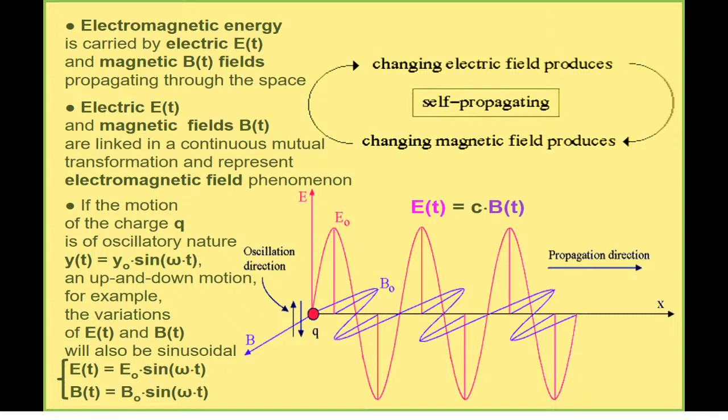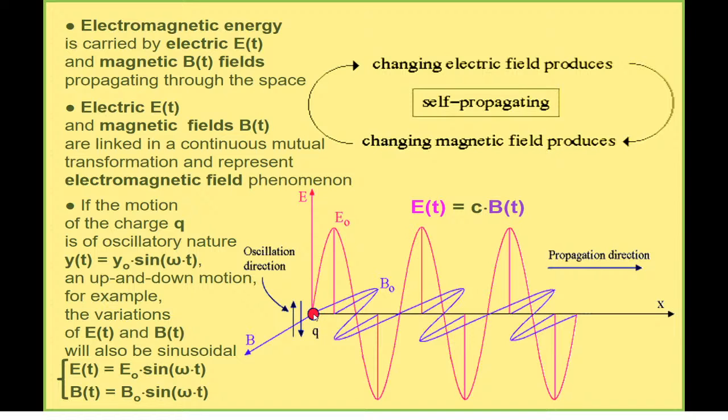When we talk about this oscillating electric charge up and down, what should be said else? Not only the motion should be mentioned, but also we should say about the electric field that is produced in the vicinity of this charge.